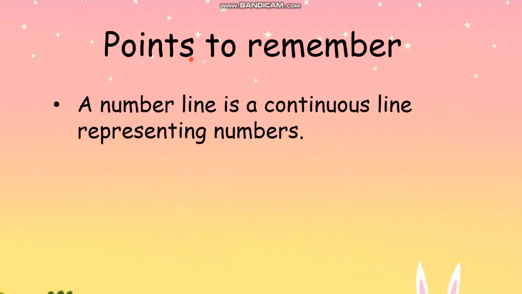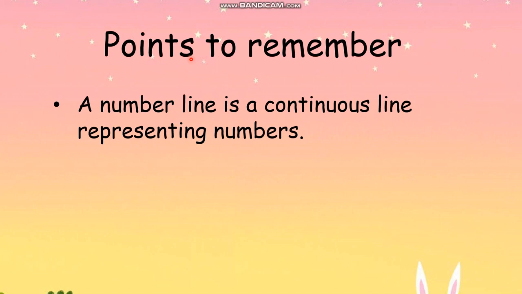Okay, now there are a few points that you have to remember. The first point is a number line is a continuous line representing numbers. Whenever someone asks you what a number line is, you have to have an answer, right? So my children will answer quickly.